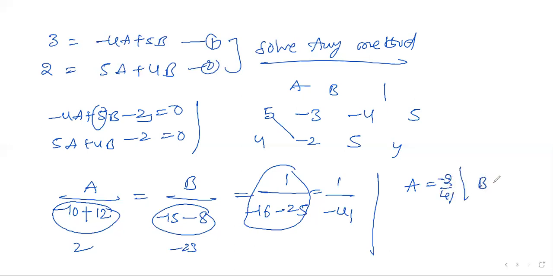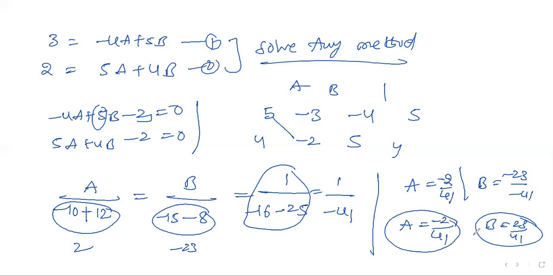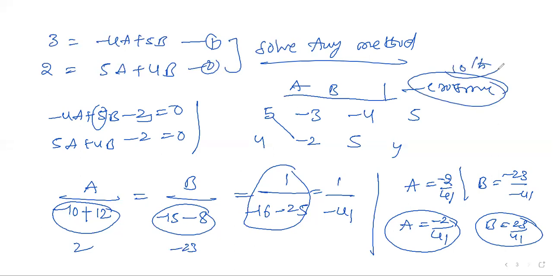Then the value of B is equal to minus 23 by minus 41. It becomes B is equal to 23 by 41. I think it's clear. So A is equal to minus 2 by 41. Clear? So this is the cross multiplication method. If you're still not clear about the cross multiplication method, please go to the 10th class videos in the YouTube playlist. Go to the 10th class, watch the video, you can clearly understand.